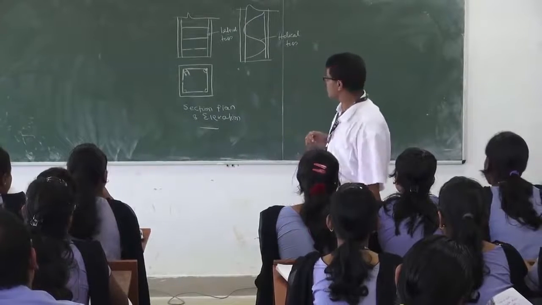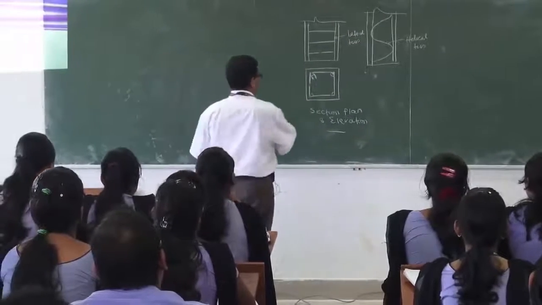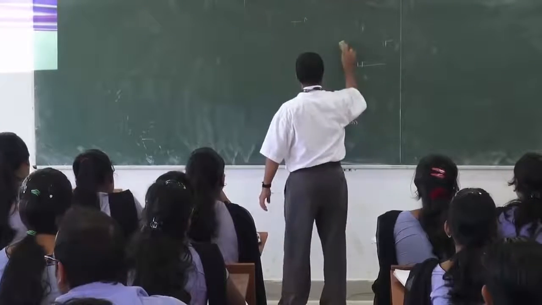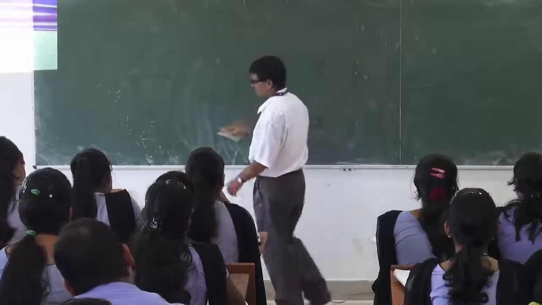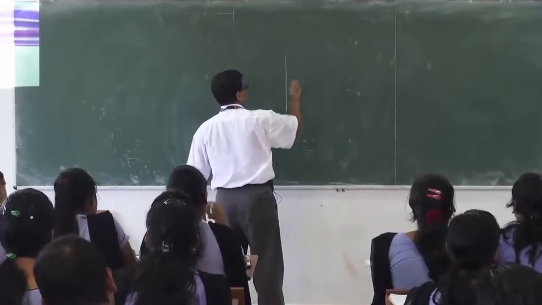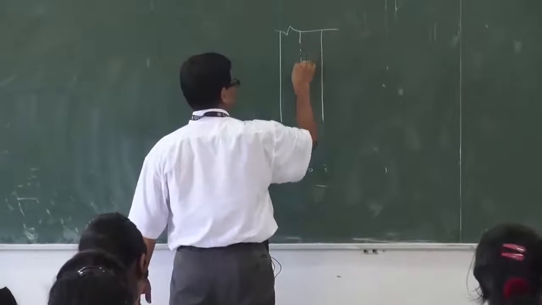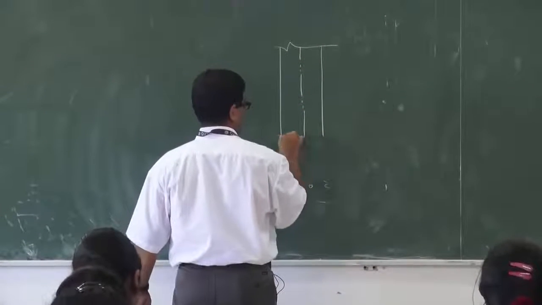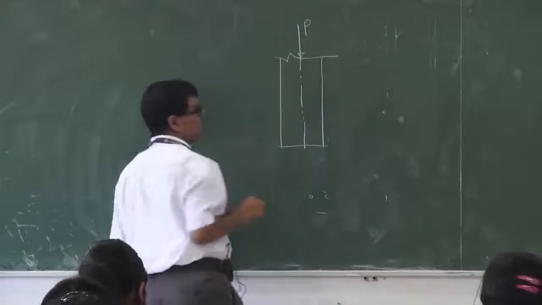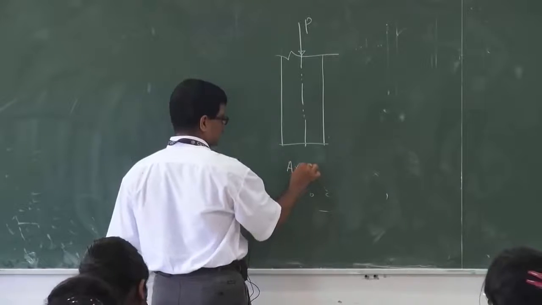The 3 conditions will come. A column may be subjected to an axial load P, the load acting along the axis, so this is called an axially loaded column.